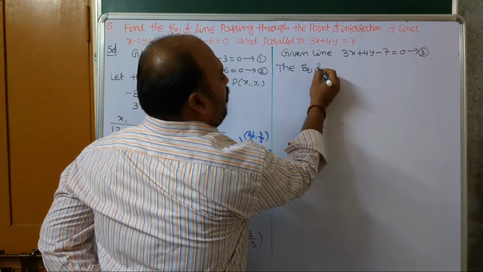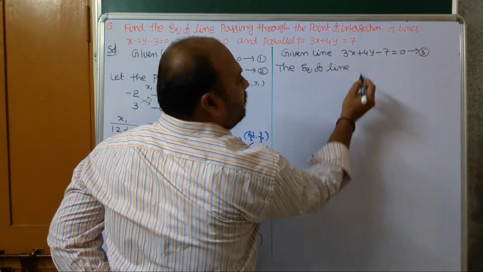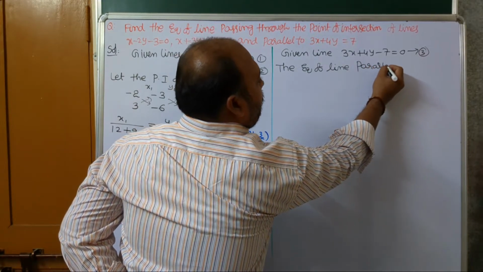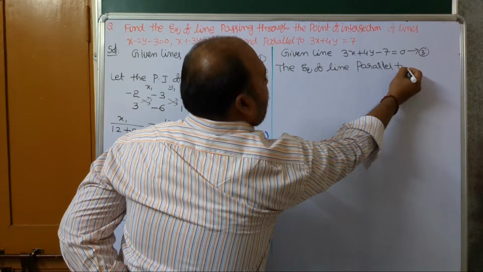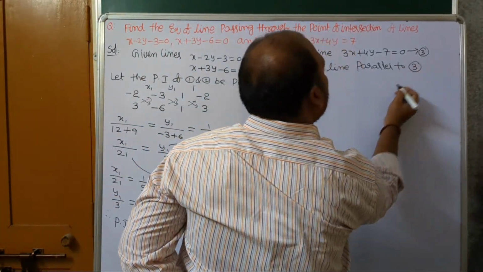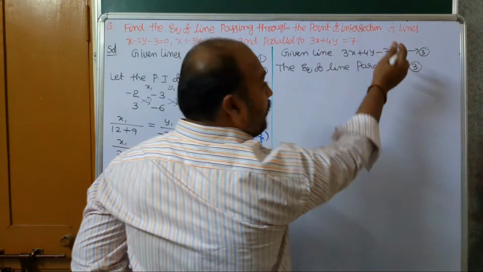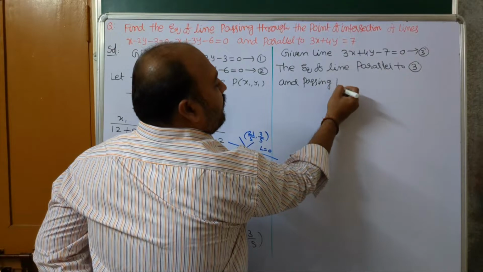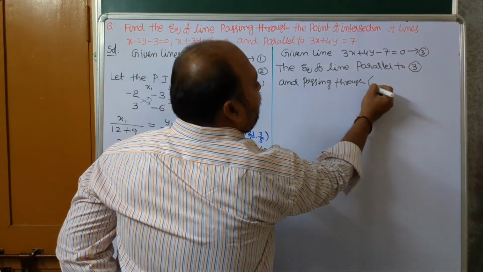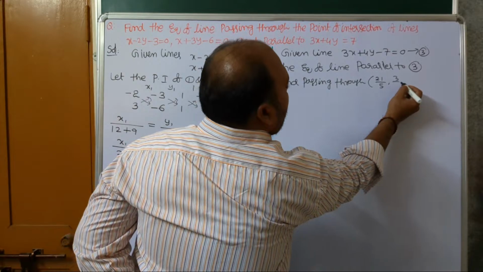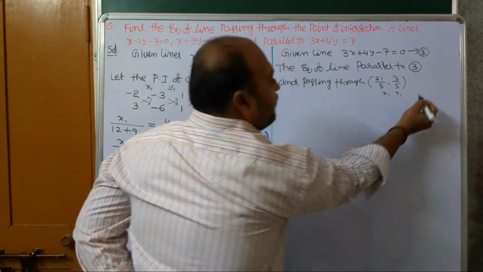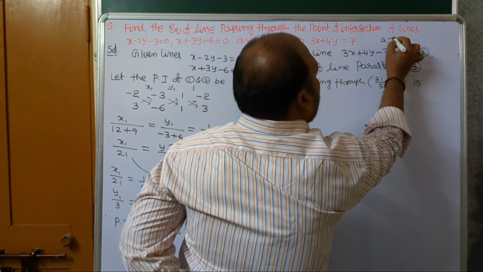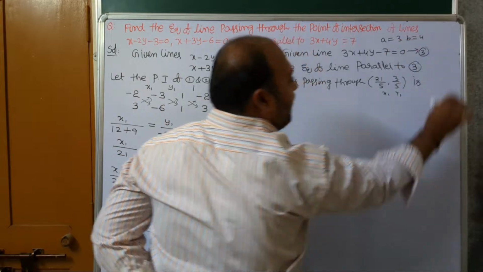The equation of the straight line parallel to equation 3 and passing through 21 by 5 comma 3 by 5, this is x1 y1. Here a is equal to 3, b is equal to 4, c value is not required.